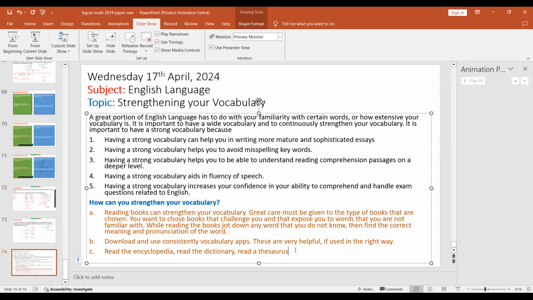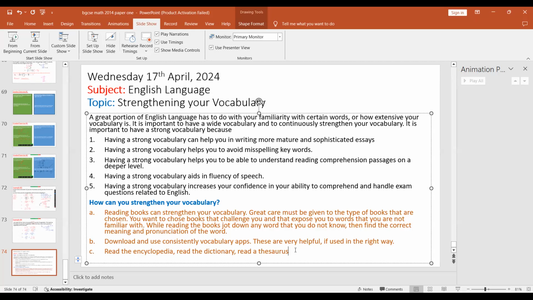So let's say you have the word good, right? You go into the thesaurus and you look up that word good. It'll give you a brief definition sometimes, and then it'll tell you what words are similar to the word good. It also gives you the opposites. So it tells you what is the opposite of the word that you have.